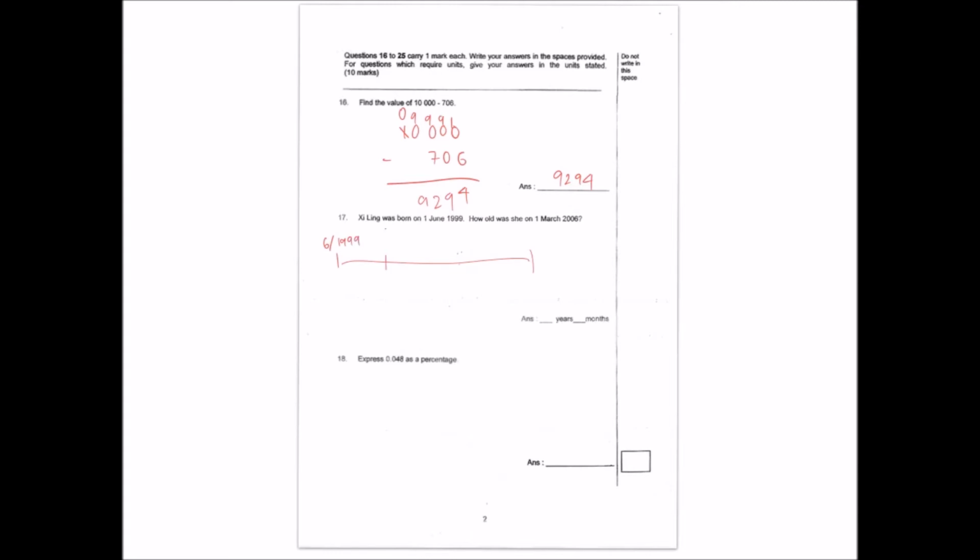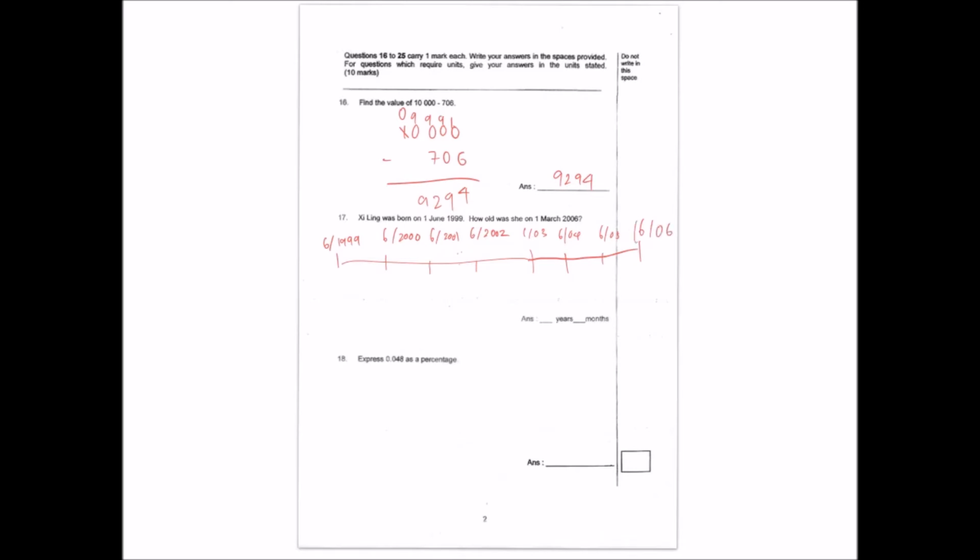So the 1st June of 2000 will be 1 year. 1st June of 2001 will be another year. 1st June of 2002 will be another year. So on and so forth. We have June 2003, June 2004, June 2005. So here June 2005, June 2006.